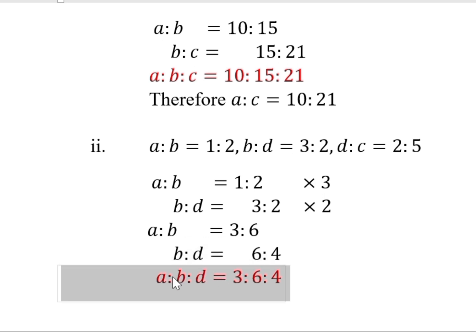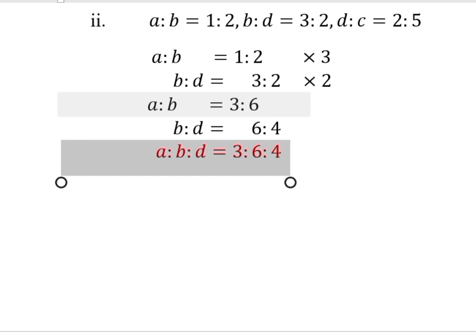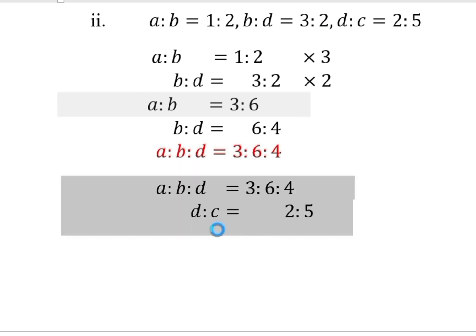Now we take this ratio we have calculated together with this one, and do it in the same similar manner we have done here. So we shall say A to B to D is 3 to 6 to 4, the one we have just calculated here, and then D to C is 2 to 5. Let's write this D and the C in column in a way that they correspond to the letter they resemble.